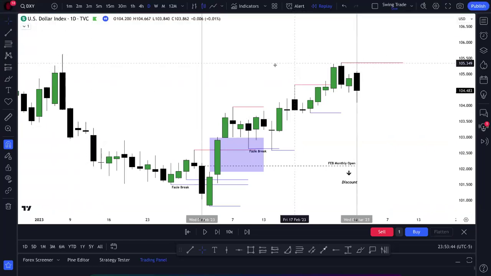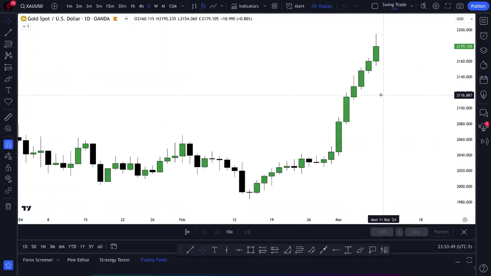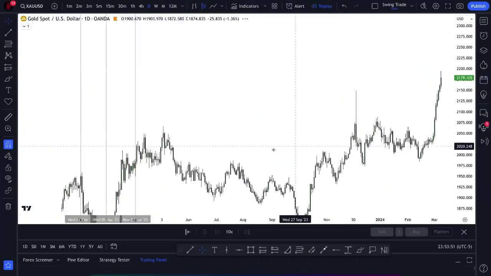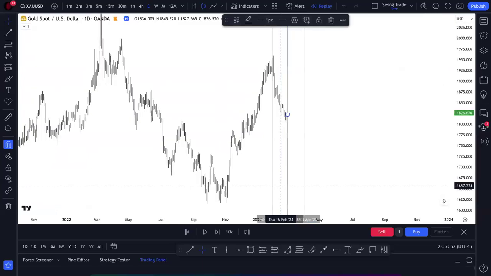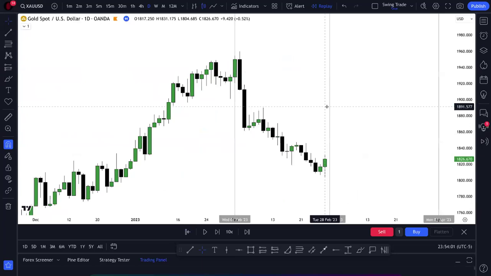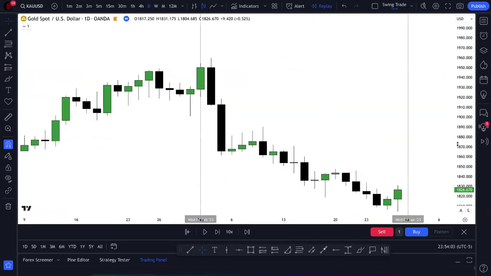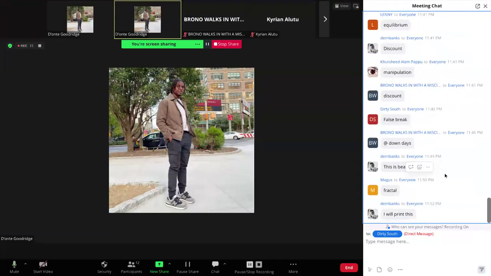And that's a bullish month. Let's look at gold. Remember, we just talked about February being bullish for DXY. Now I'm gonna ask the chat again. What are some characteristics of a bearish month?